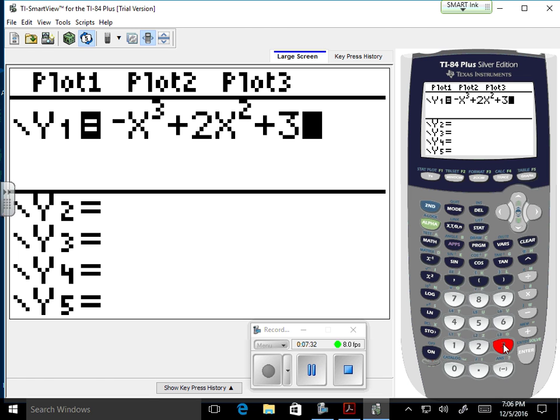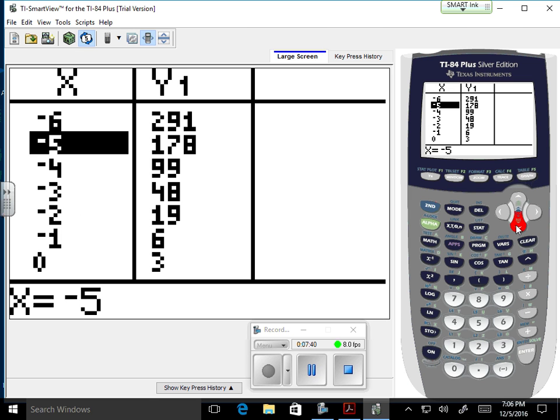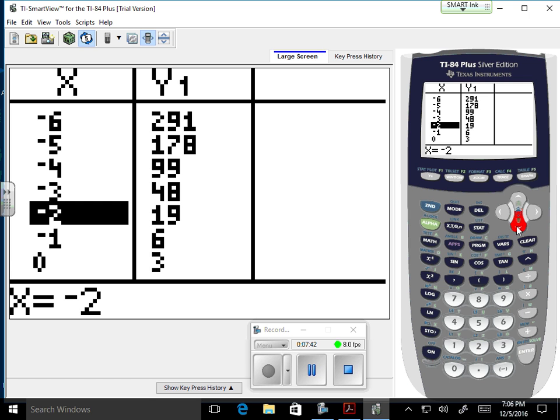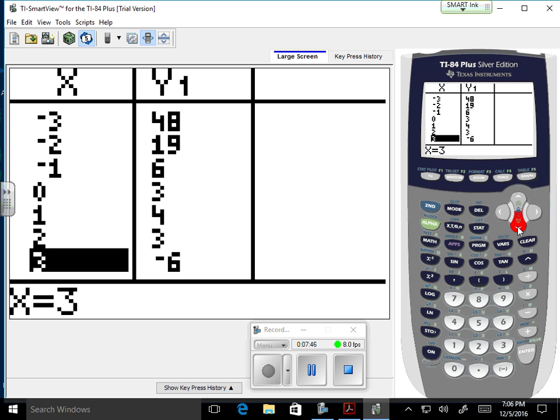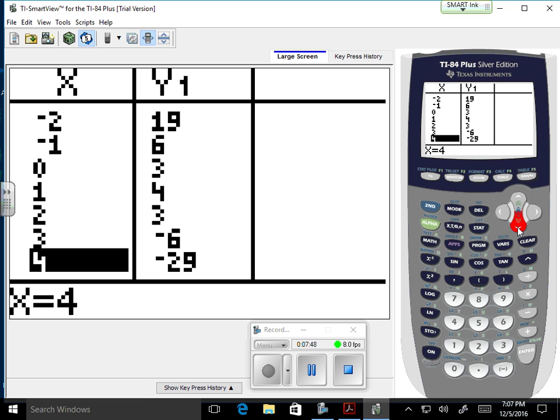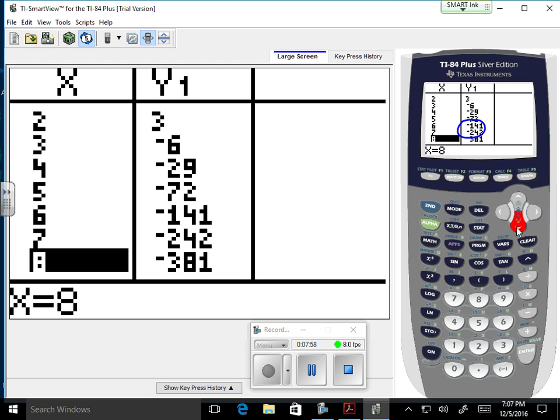Go to our table of values, and we're looking for a sign change in our y values. There's a sign change here between 3 and negative 6, and then it keeps getting larger.